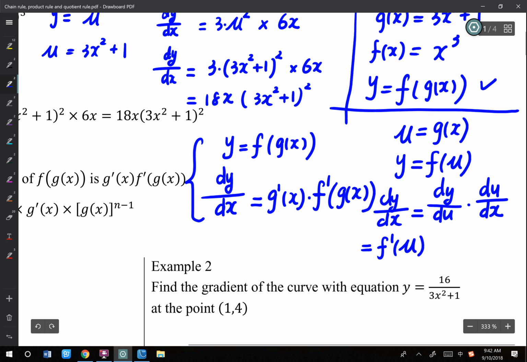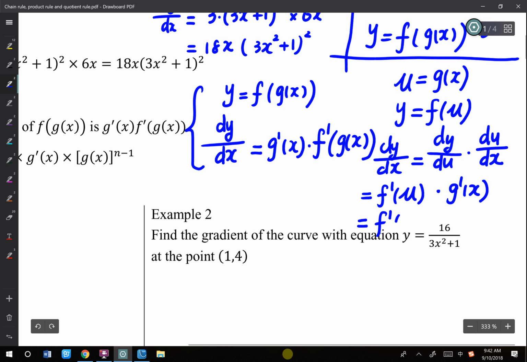If you have f(x), the derivative is f'(x); if you have f(u), the derivative is f'(u). And du/dx is g'(x). What's f'(u)? It's f' of g(x), times g'(x). That's how we get this result.